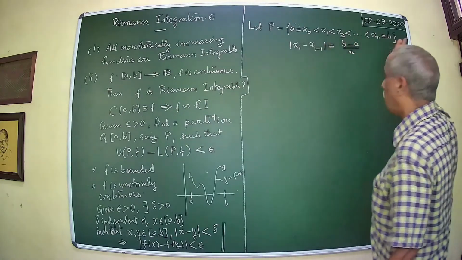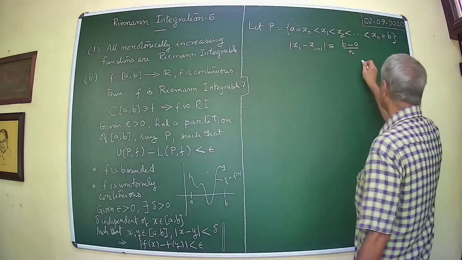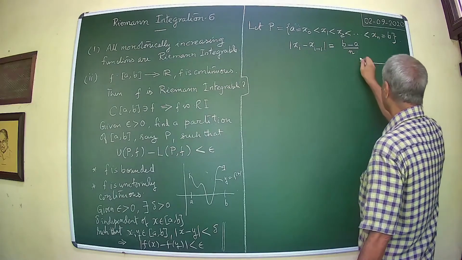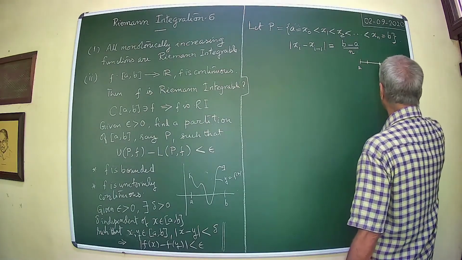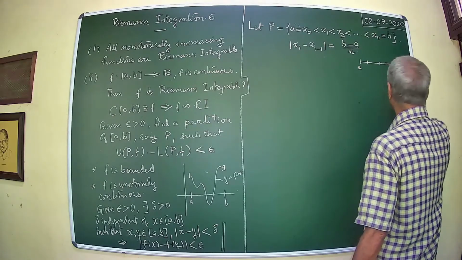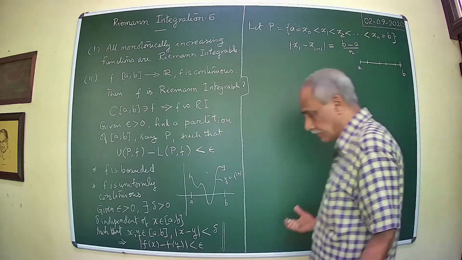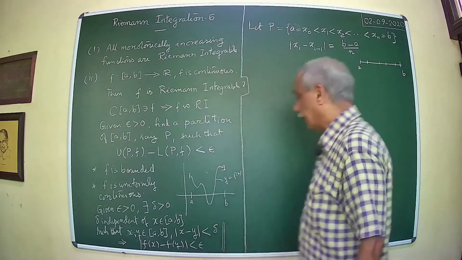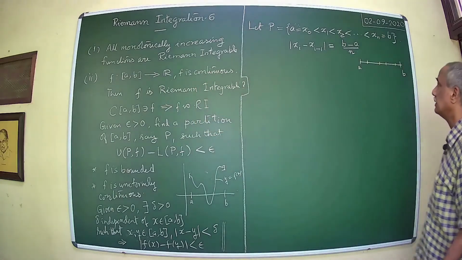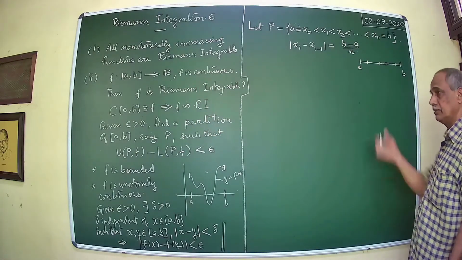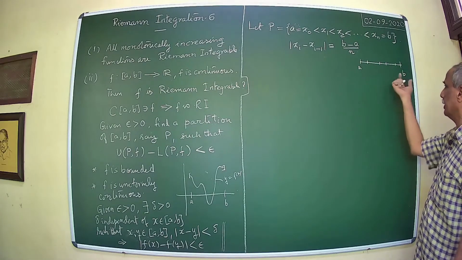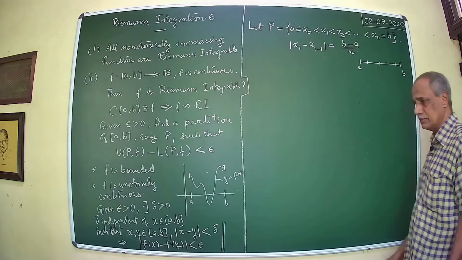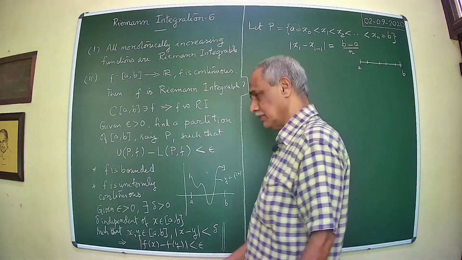That means all these points are equidistant on the interval. There are n intervals and each interval has length b minus a by n. Their union is equal to AB, but they intersect at only one point.